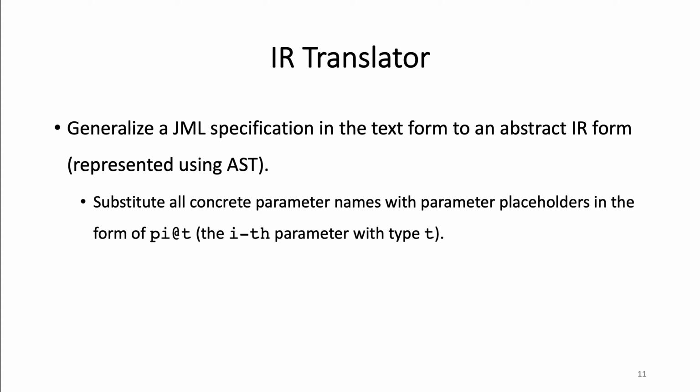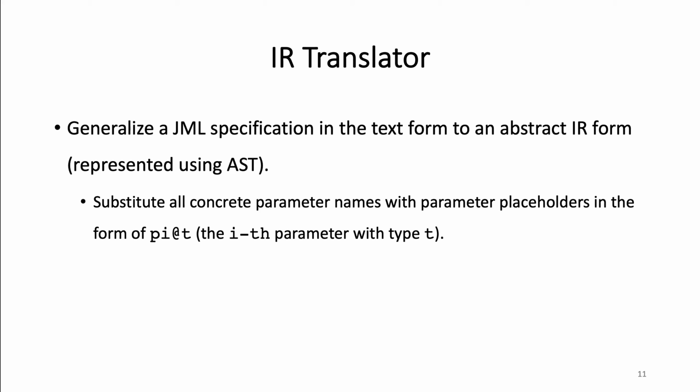There are two main reasons for the generalization. The first one is to facilitate the instantiation of the synthesis results with concrete information belonging to the target method. For example, assume the parameter name element is not generalized and hence becomes part of the token set that would be used to synthesize a specification.